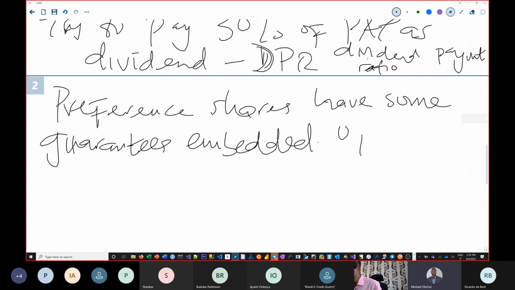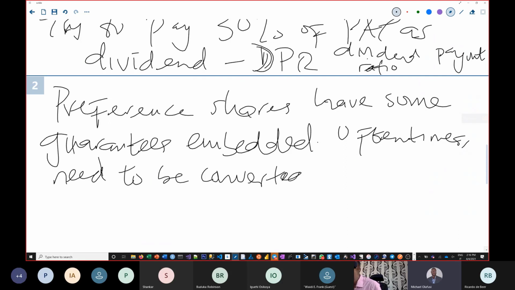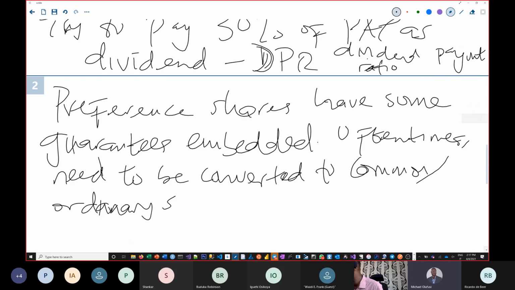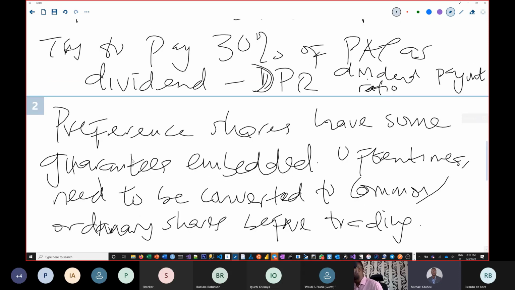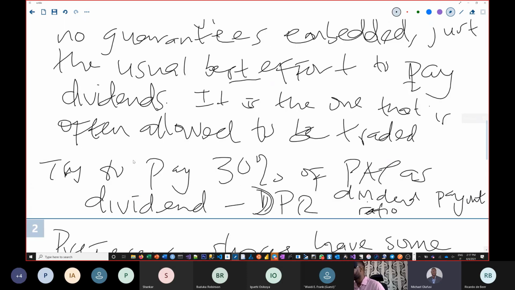And oftentimes they need to be converted to common shares or ordinary shares before trading. Okay, so that's why I said that the common shares one is the one that is often allowed to be traded.